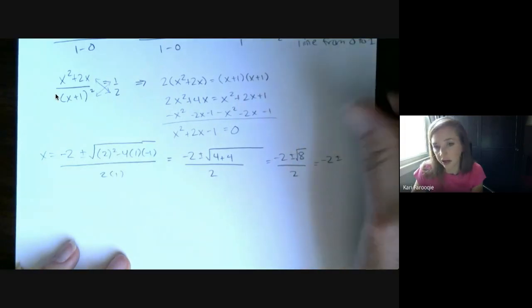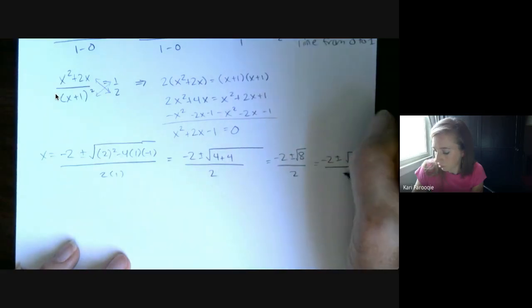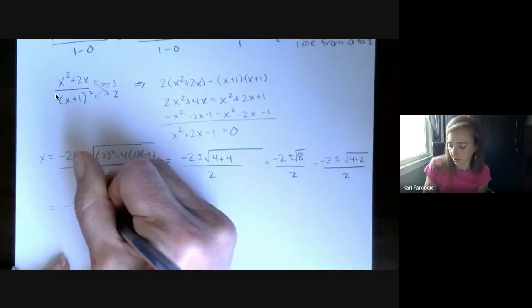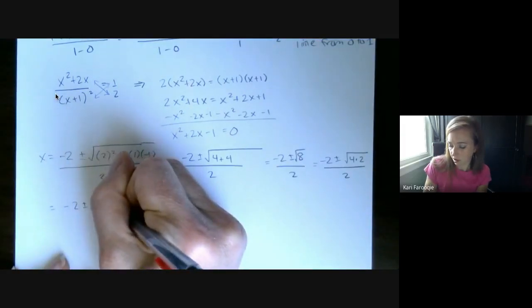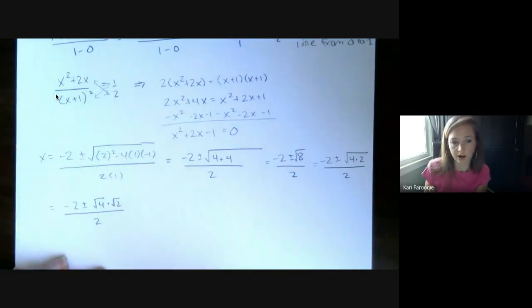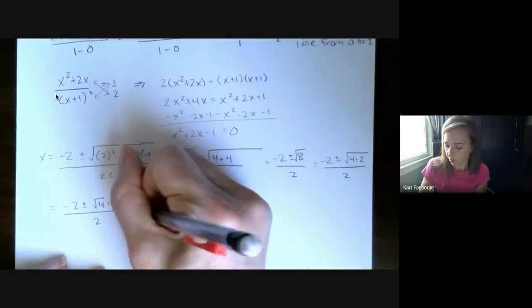So I know that 8 has a perfect square factor of 4. So if you split up 8 into 4 times 2, then you can rewrite this as, remember, we can split up the product inside a radical as the product of 2 radicals. Little algebra review here for you in case it's been a while.